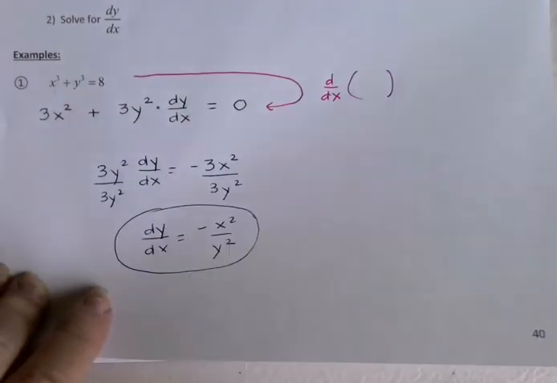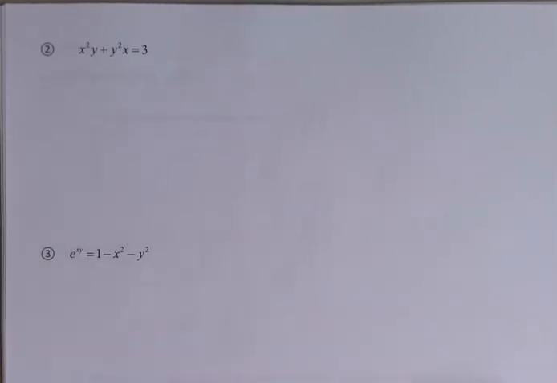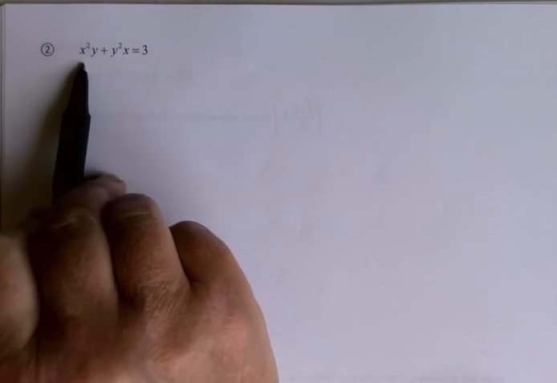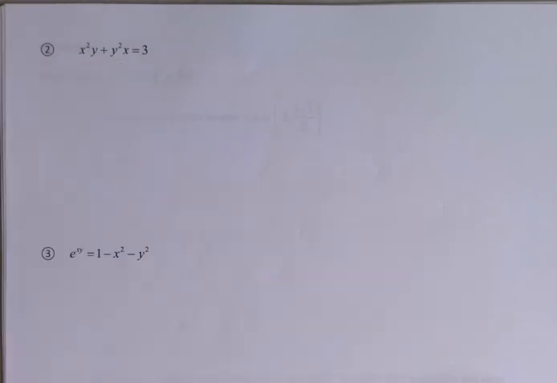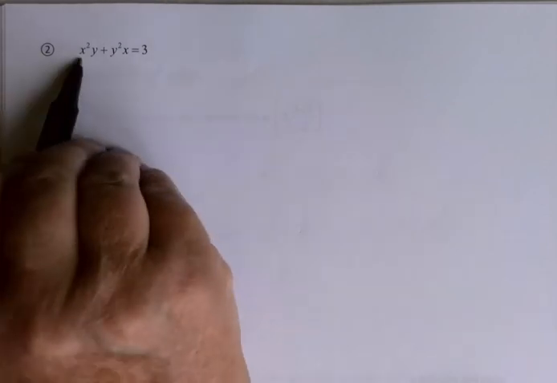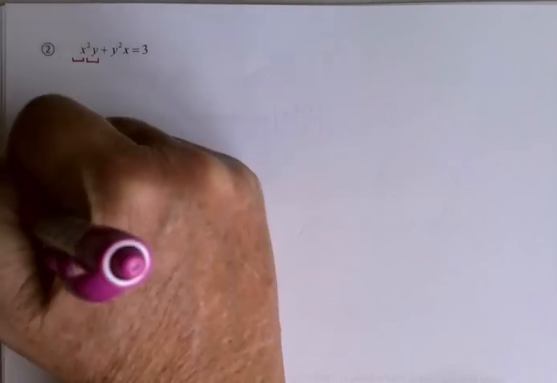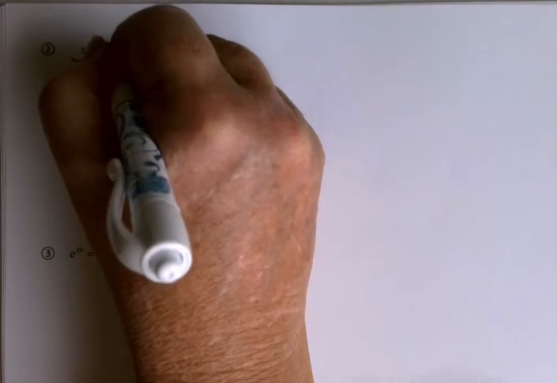All right. Let's take a look at a few more examples of implicit derivatives. Here I've got my x squared y plus y squared x equals 3. And the first thing that I'd like you to notice is that these are really products, right? This is x squared multiplied by y, and this is y squared multiplied by x.